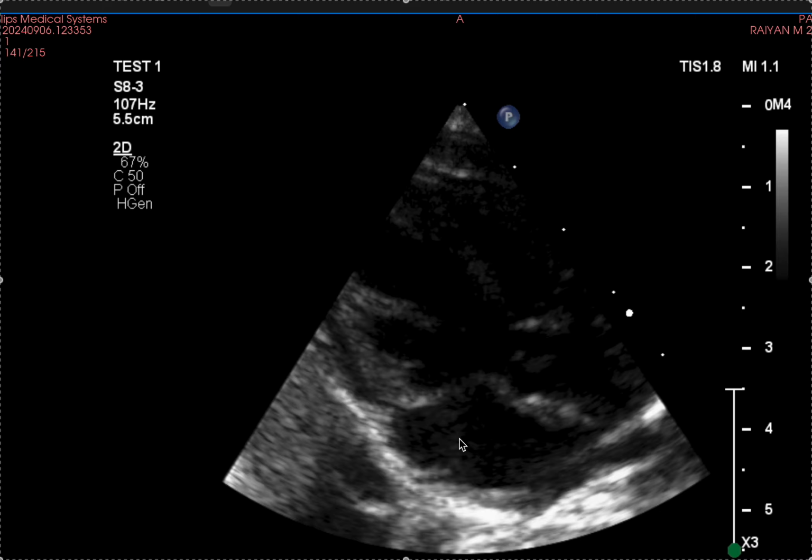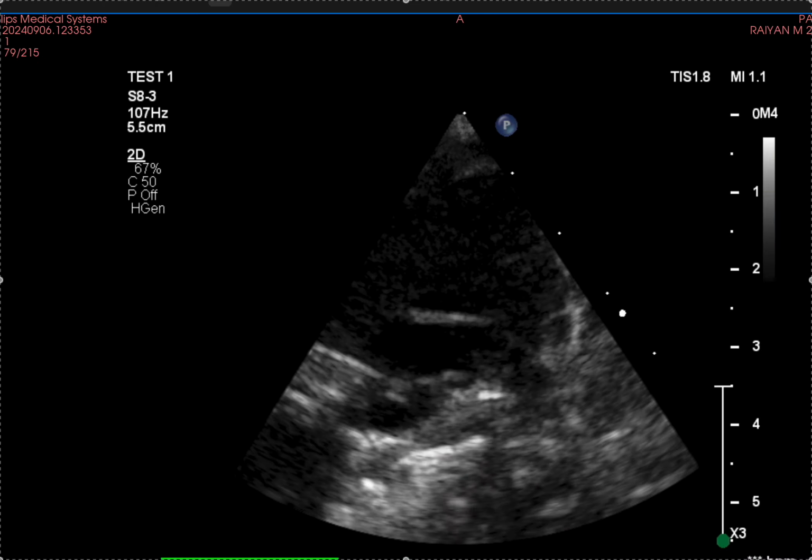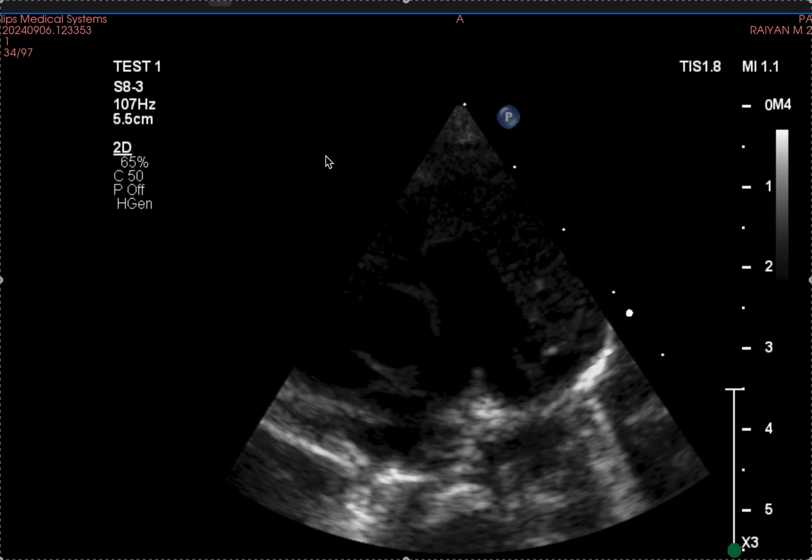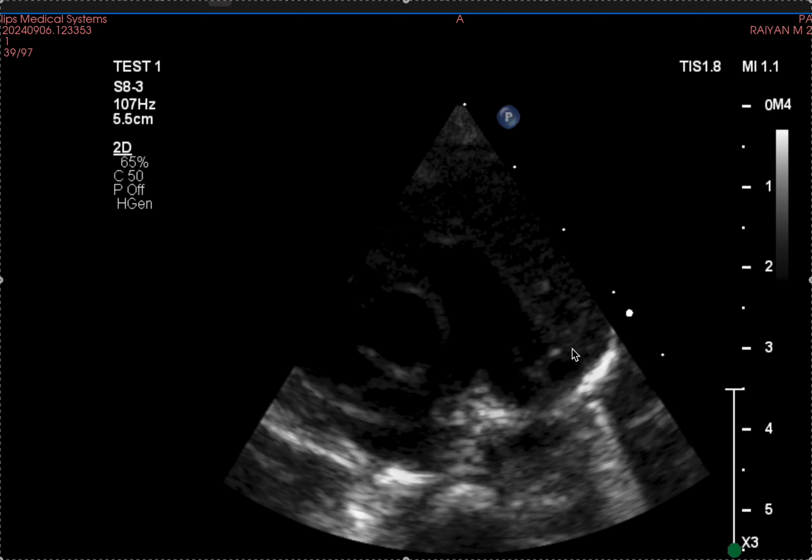So whenever you find no enlargement of the chamber, and there is a structure anterior to the main pulmonary artery bifurcation joining the coronary sinus, then this is the left sided vena cava.